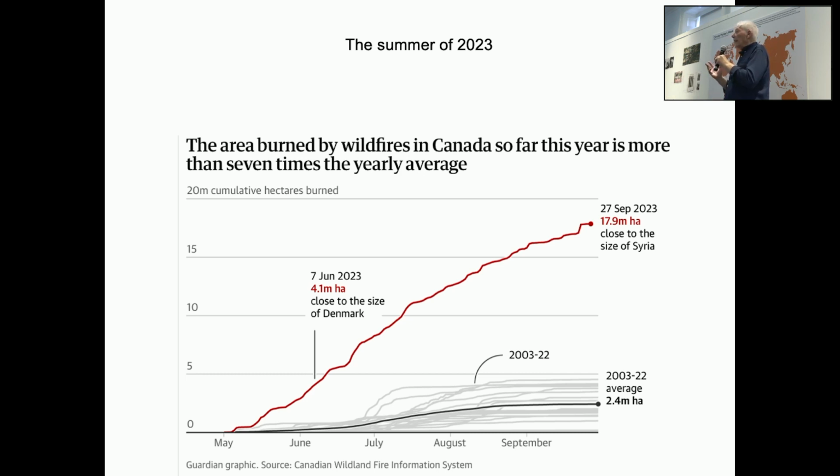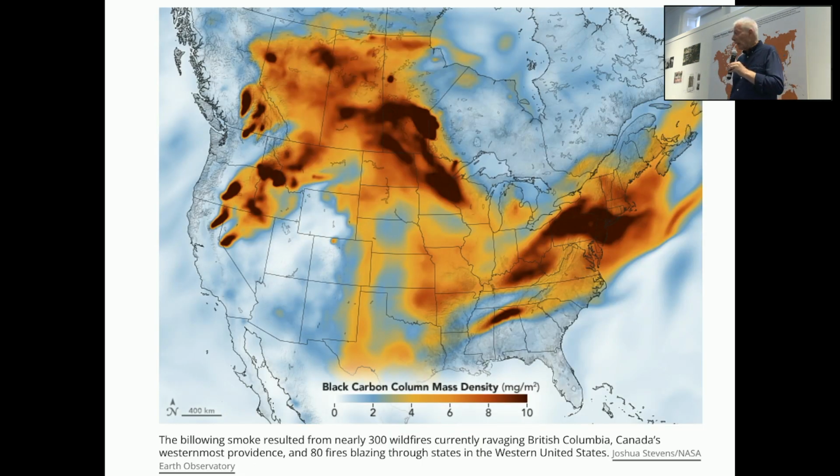In fact, with the Canada fires, there were people choking in New York City during the summer from the smoke, so you can understand the scale of it when the smoke drifts across half a continent. I think this is also from NASA, where we start to look at the density of burnt carbon in the atmosphere.